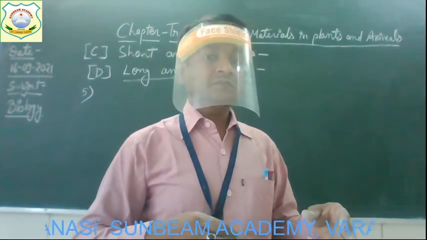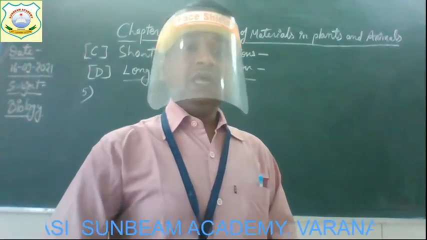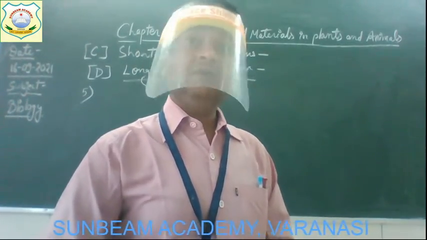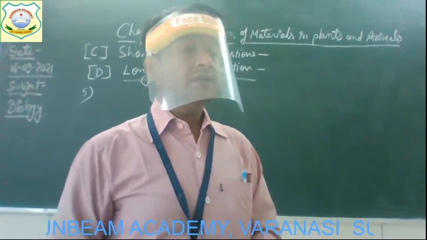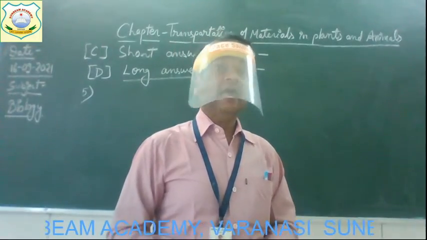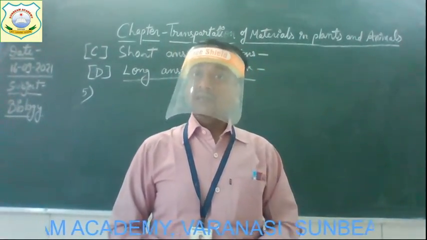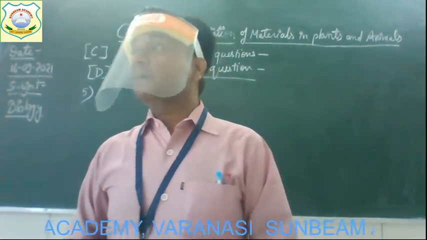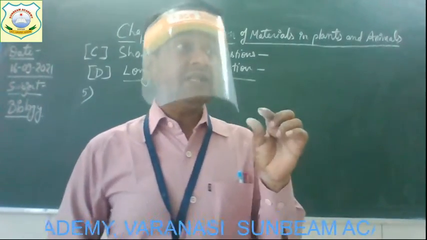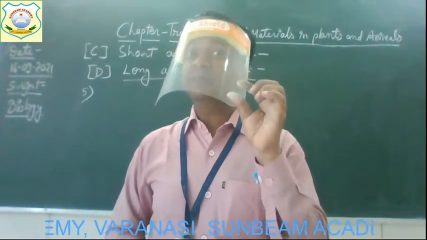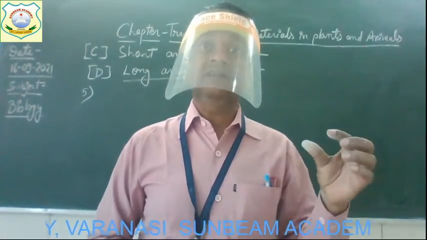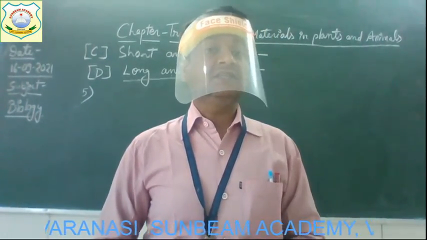Now, after this differentiation, what do you have to write in the answer? The importance of capillaries. Okay, so what are capillaries? Capillaries are very fine and thin blood vessels, just like our hairs, as thin as our hairs.